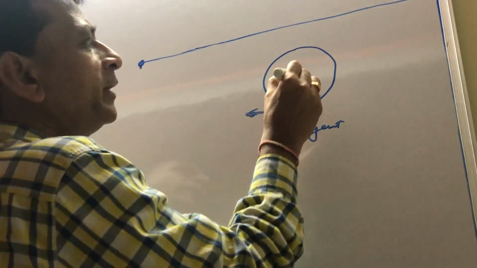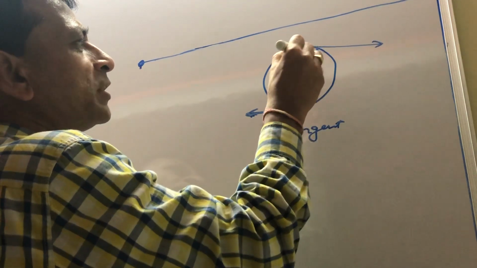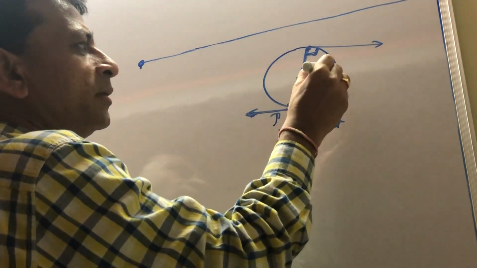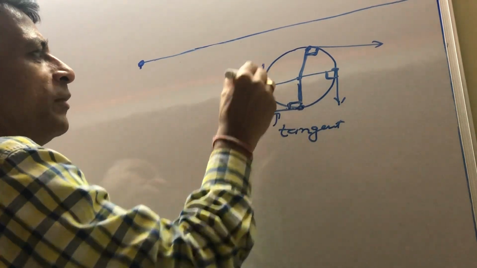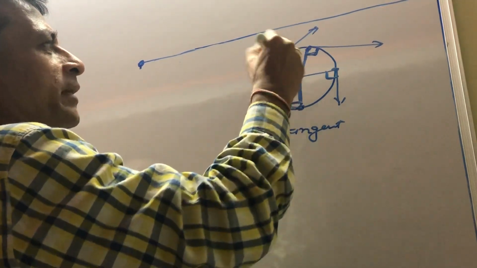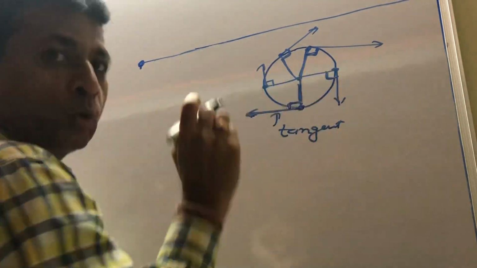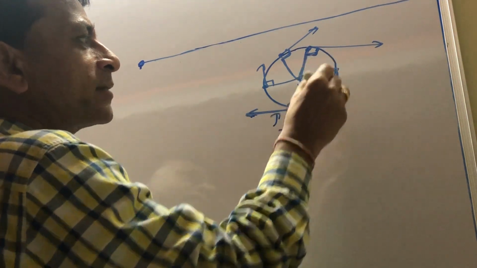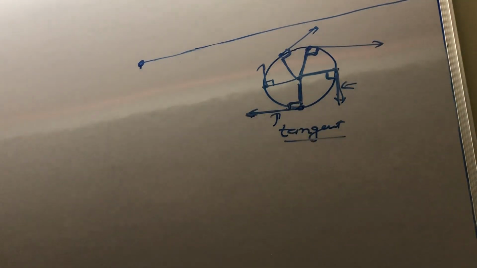In this position, it always moves in this direction. For here, it always moves in this direction. So all are tangents. The stone always moves perpendicular to the radius, and this is known as the tangent of the circle.